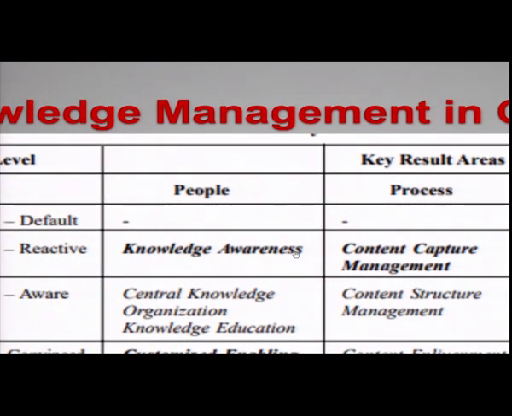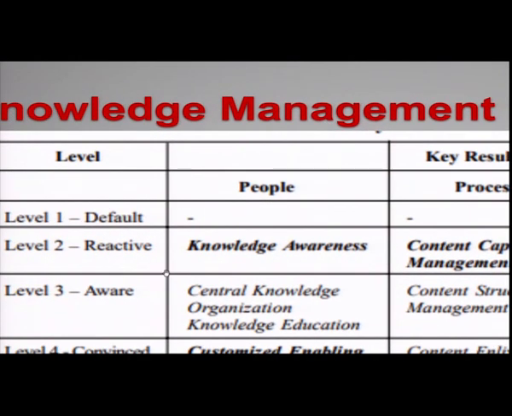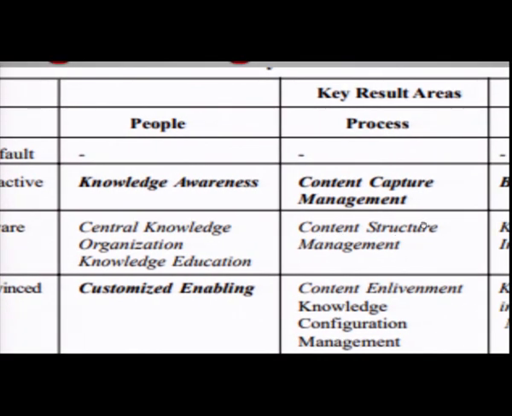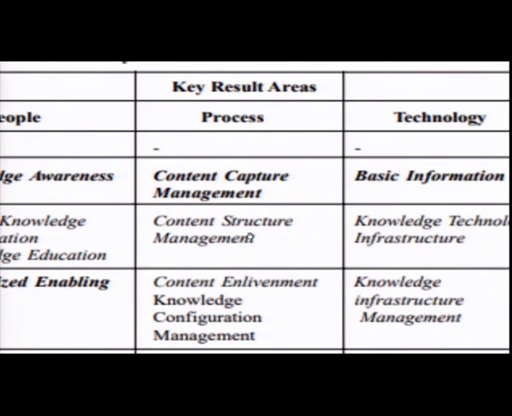As far as people are concerned, level 1 is all common. When you go into level 2, the reactive level, we have knowledge awareness required with the people, content capture management with process, and basic information as far as technology is concerned. The person working needs to know about the technology that is going to be worked upon.